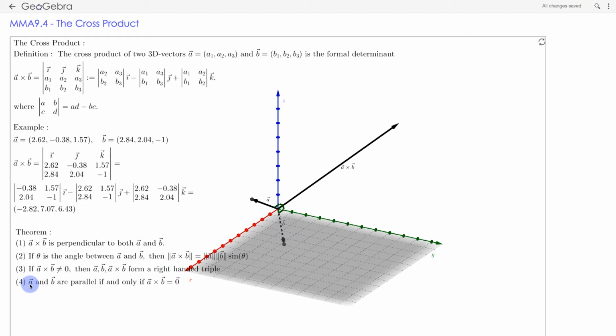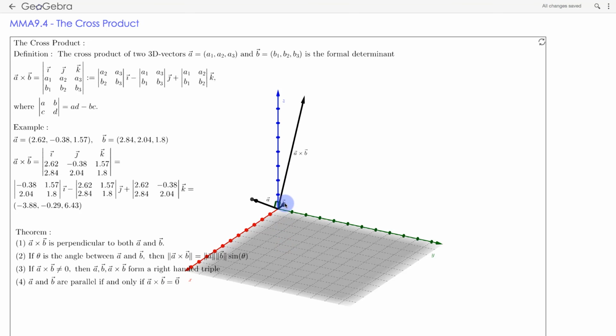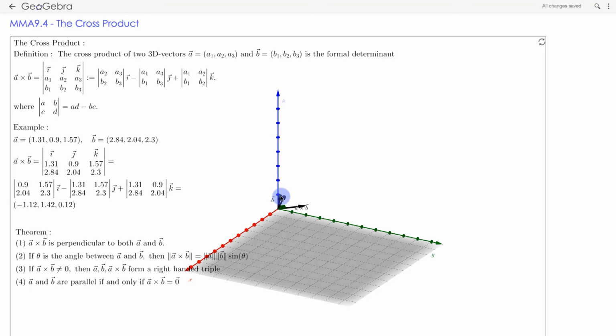So the last result we'll mention now is that if you have two vectors A and B that are parallel, this is what I tried to make my vectors here. Maybe I should move it up. It doesn't work out for me, apparently.